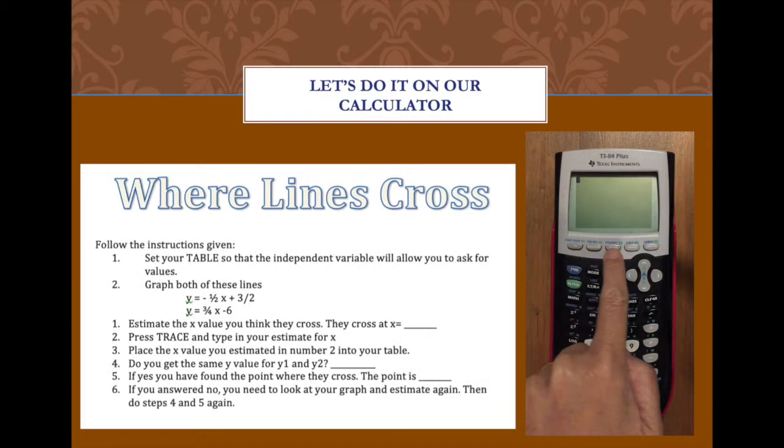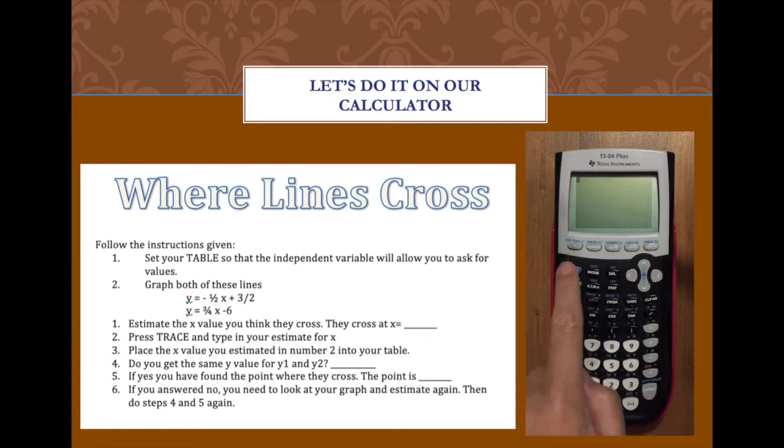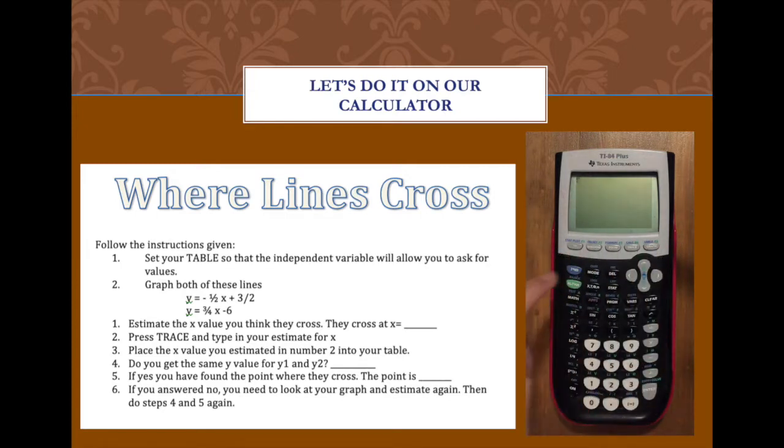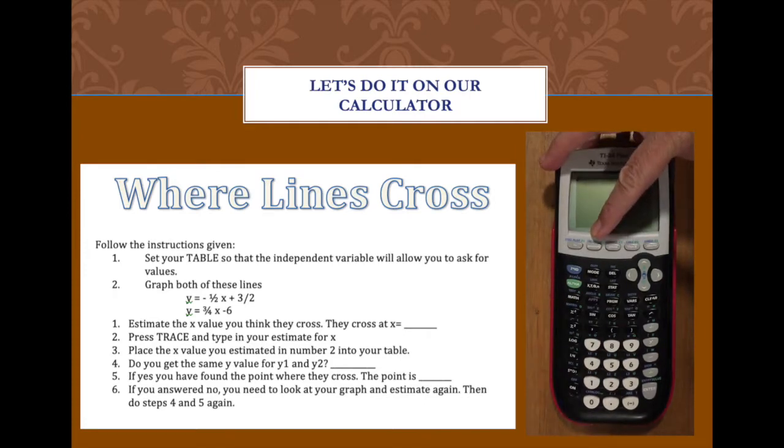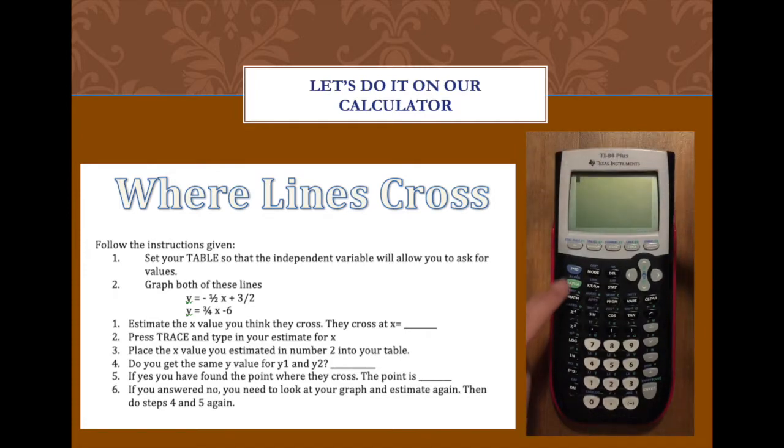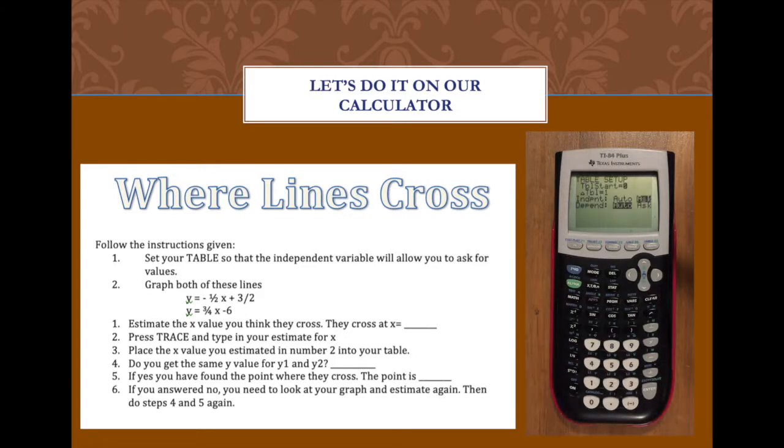You have some at the very top and they're in blue. It said to set your table, so we're going to get into that one up at the top. It's table set, and we use the second button to get there. Table set. Then it said so that the independent variable, and you're going to need to look on there and see if you can figure out what the independent variable is. It's this one right here.